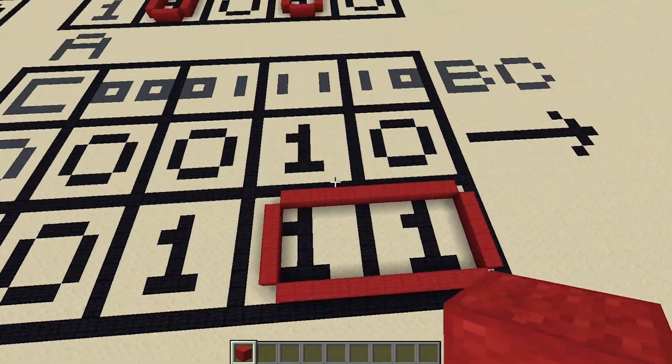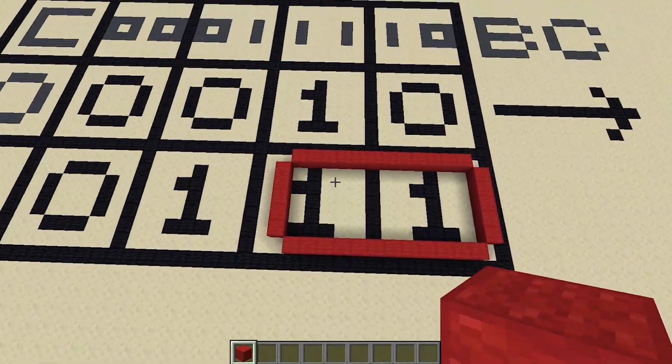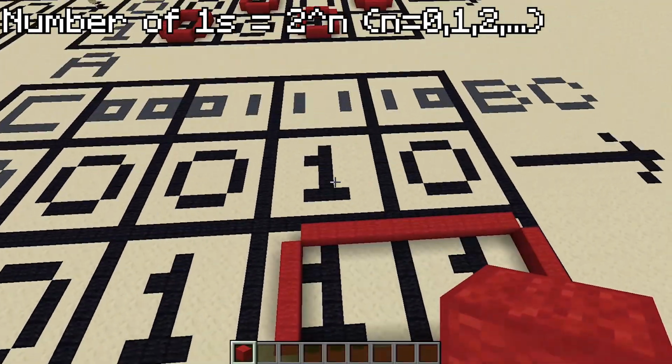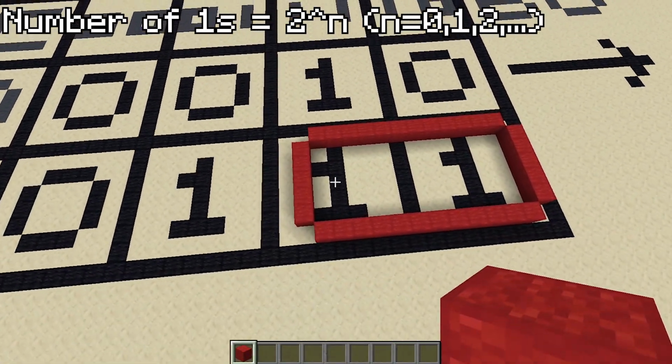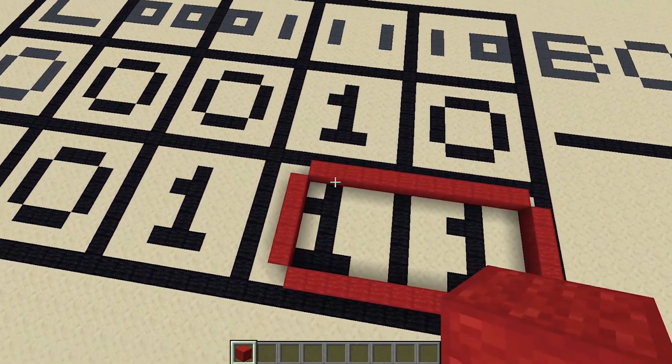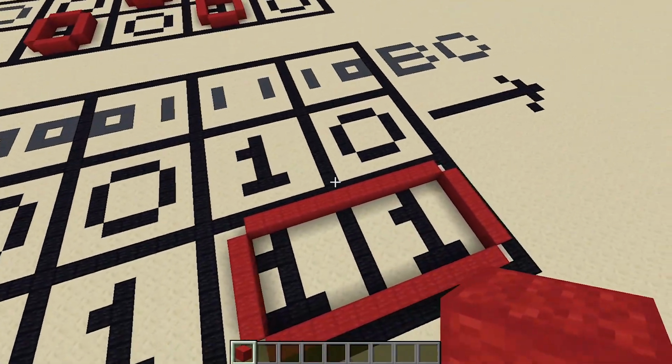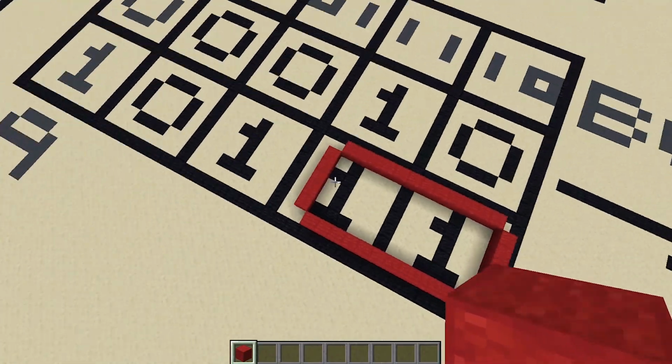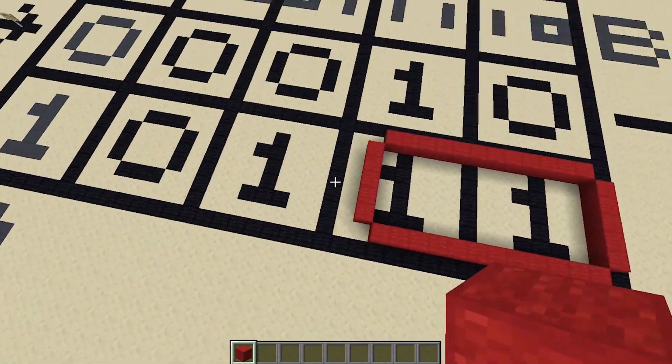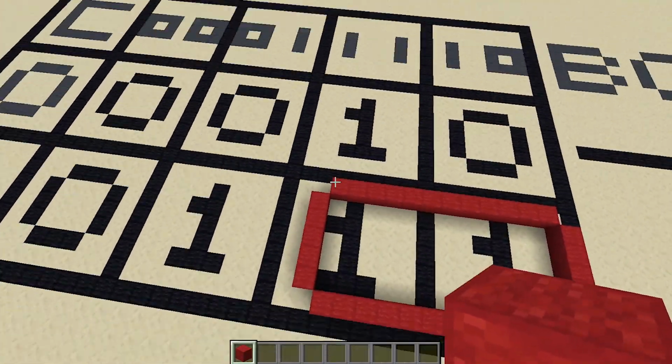of ones that you circle needs to be 2 to the power of n. So n can be from 0 all the way to infinity, but you have to do it in 2 to the power of n numbers of ones.